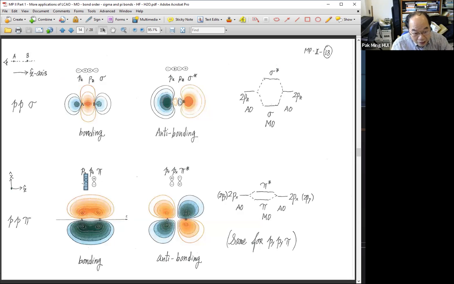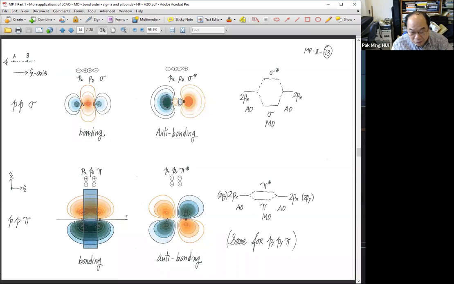And then you have two things. If the positive loops touch, not big, but at least they reinforce each other, then it is a PP bonding, but it's a pi bond.